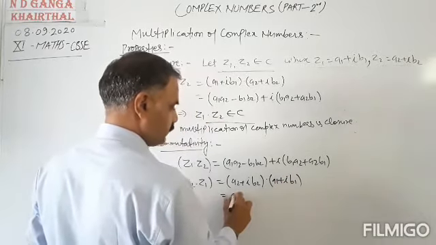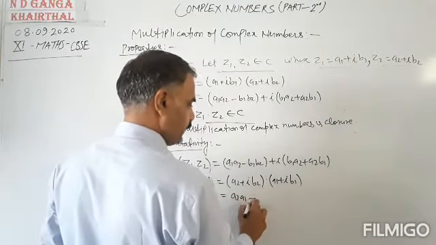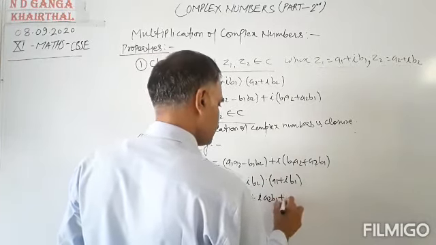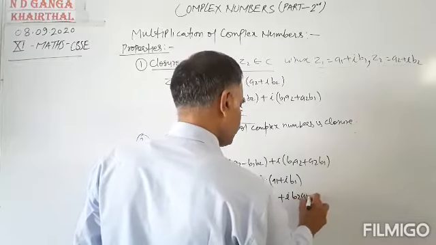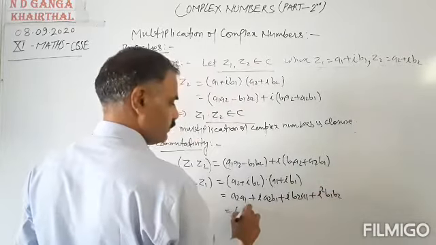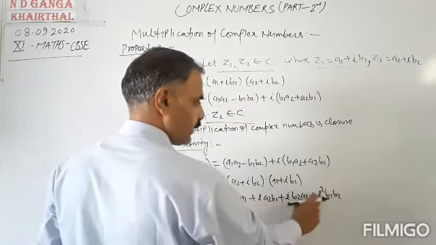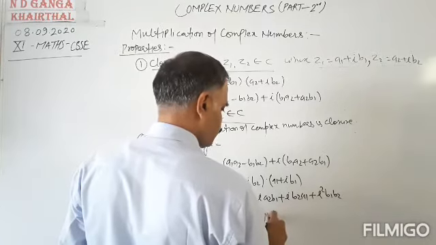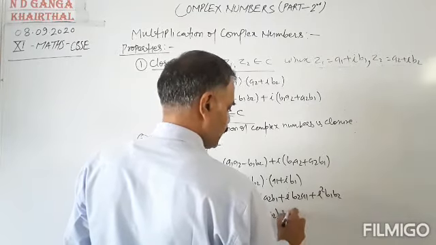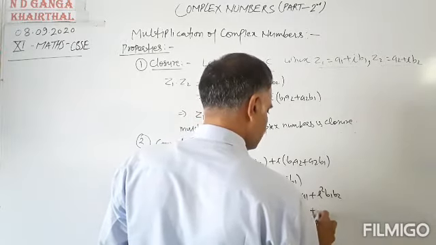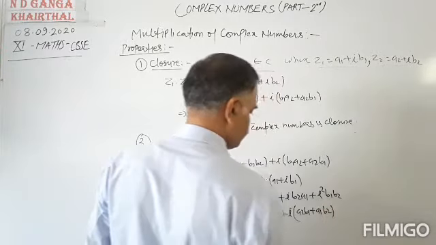Okay, so this is equal to A2 A1 plus iota A2 B1 plus iota B2 A1 plus iota square B1 B2. Okay, so iota square is minus 1, into B1 B2, so minus B1 B2 plus iota, taking common, (A2 B1 plus A1 B2).